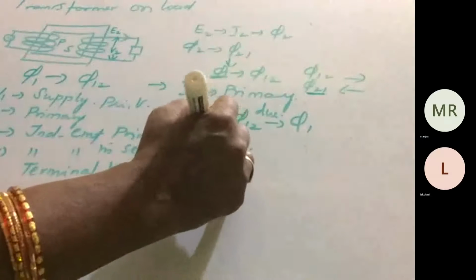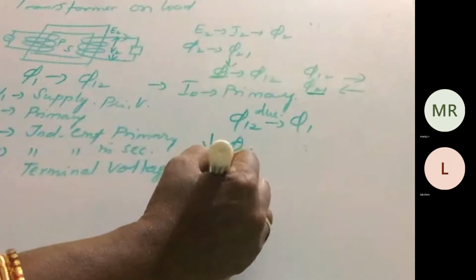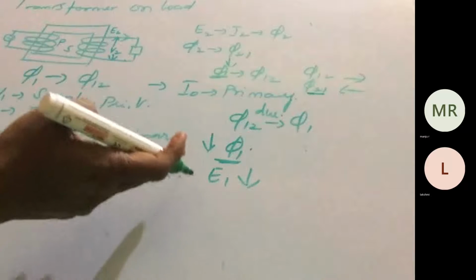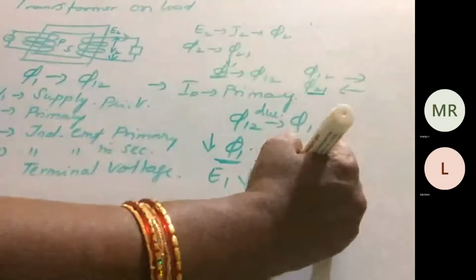Because of the reduced flux phi 1, the induced EMF in the primary, E1, will decrease, so it takes more voltage from the supply mains. So V1 will increase.